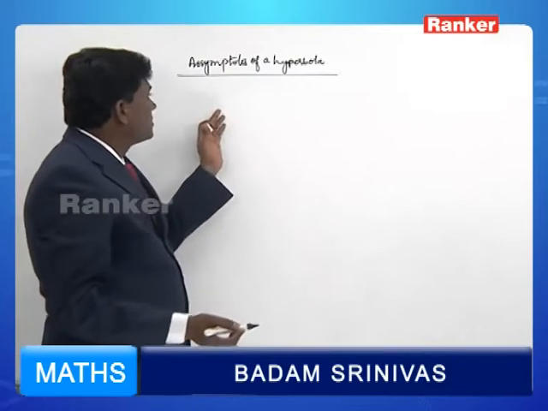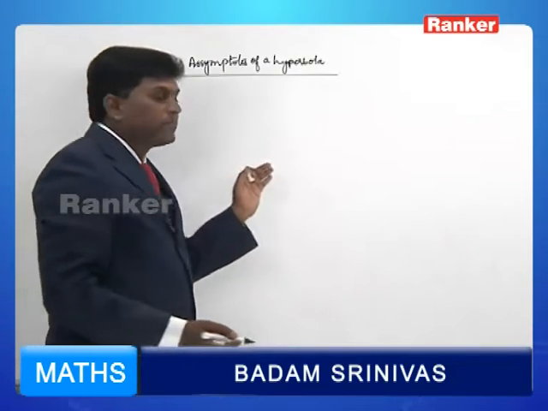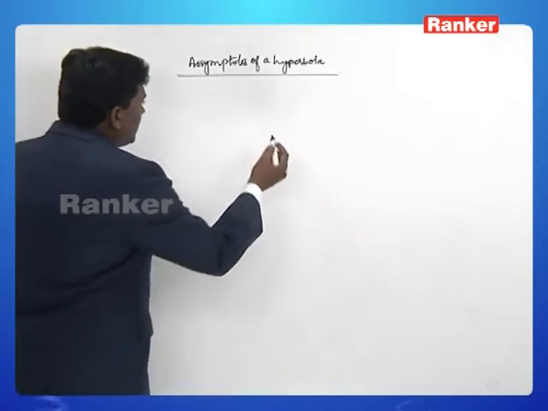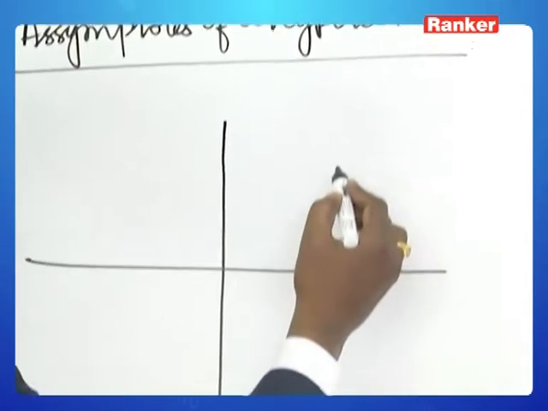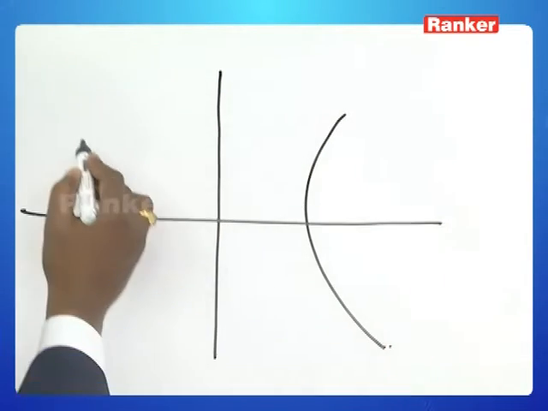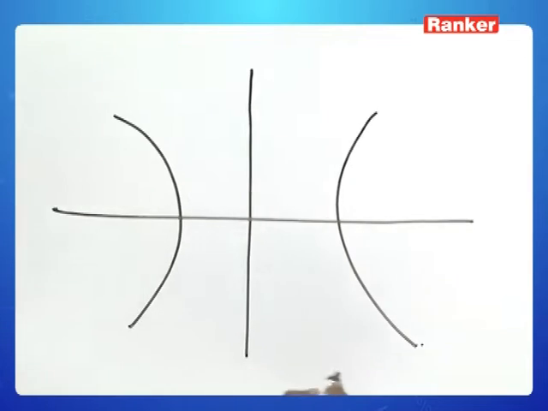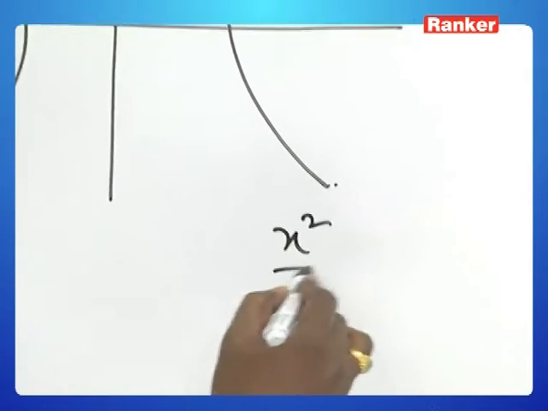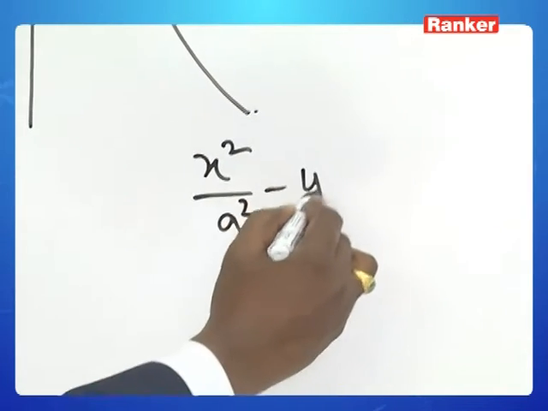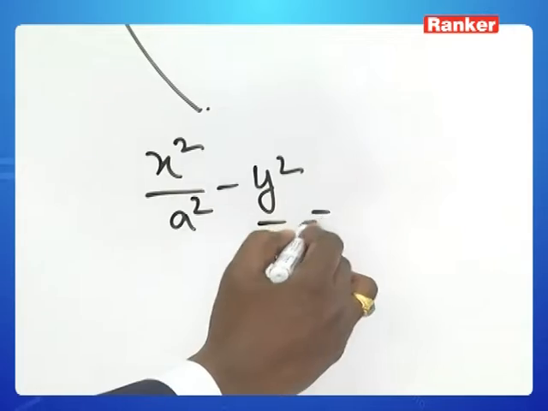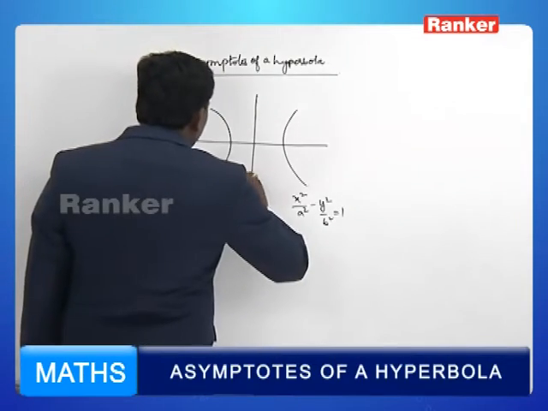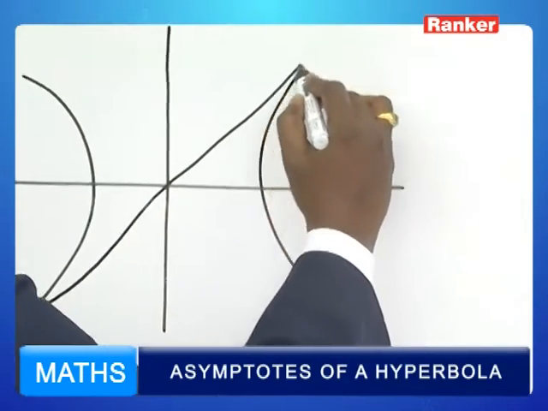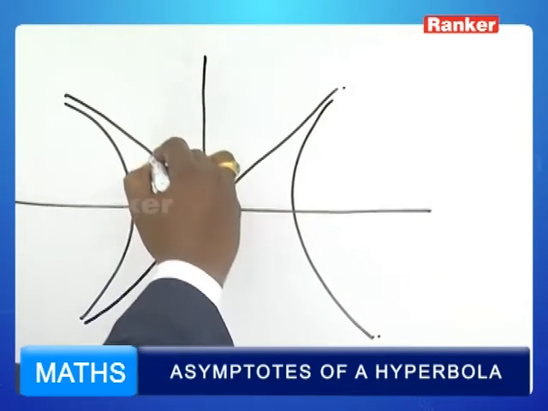Now let us have a look at properties of asymptotes of a hyperbola. If we analyze x square by a square minus y square by b square equal to 1 hyperbola, we can draw two asymptotes passing through the center like this.